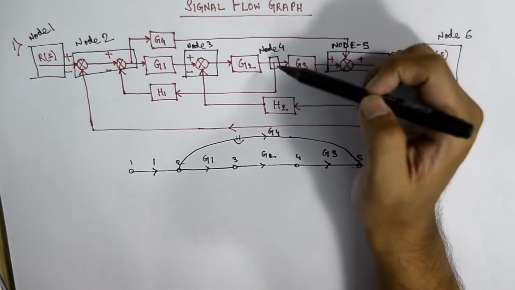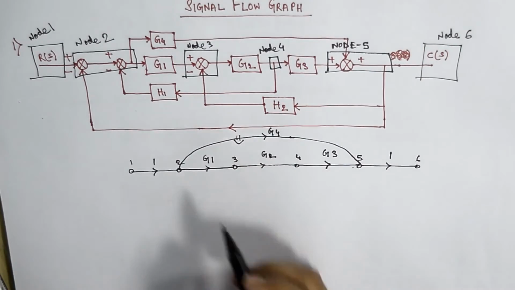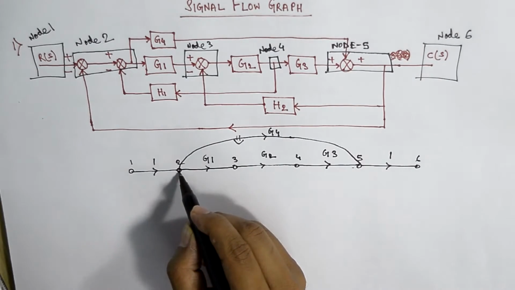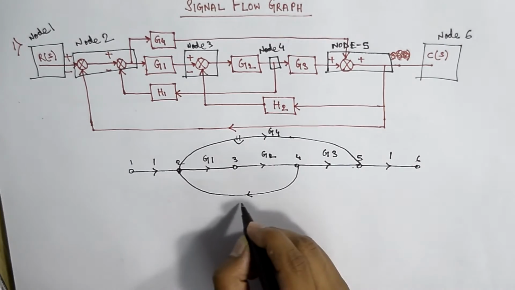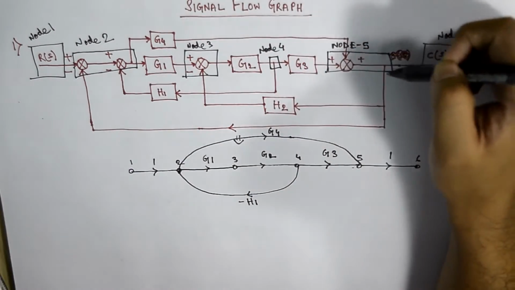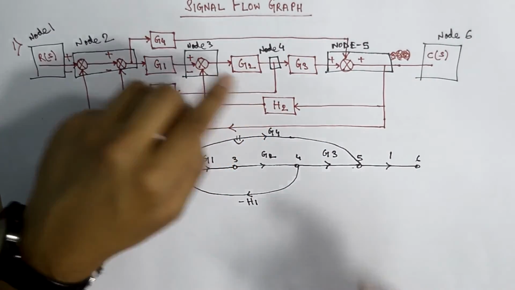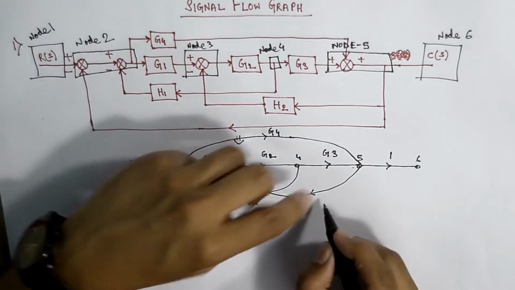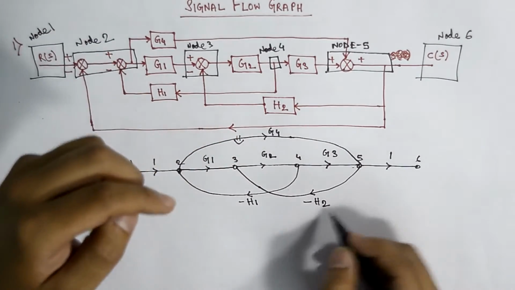From node 2 to node 4, we can see there is one feedback loop, say H1. So here we will draw one simple feedback loop. From node 3 to node 5, there is another feedback loop, that is H2. There is one individual loop, that is loop minus H2.